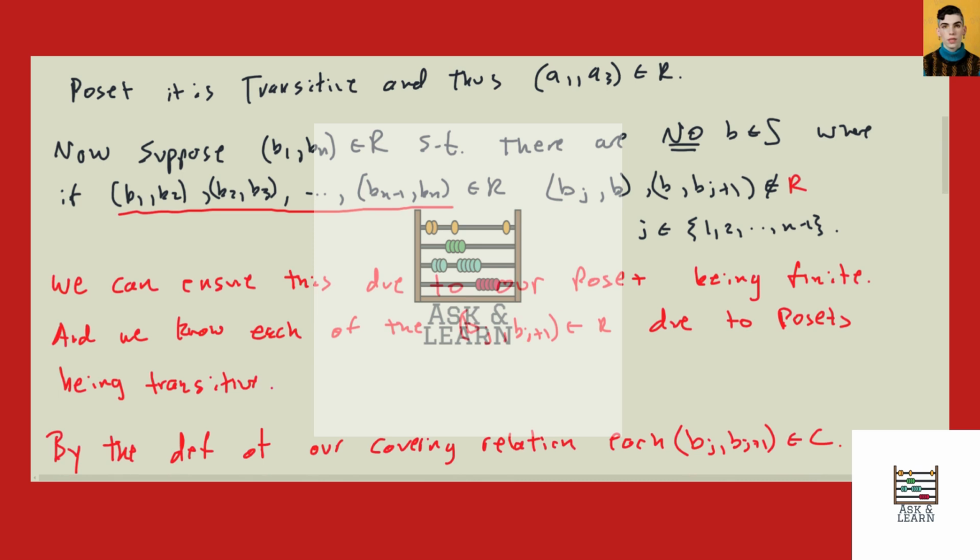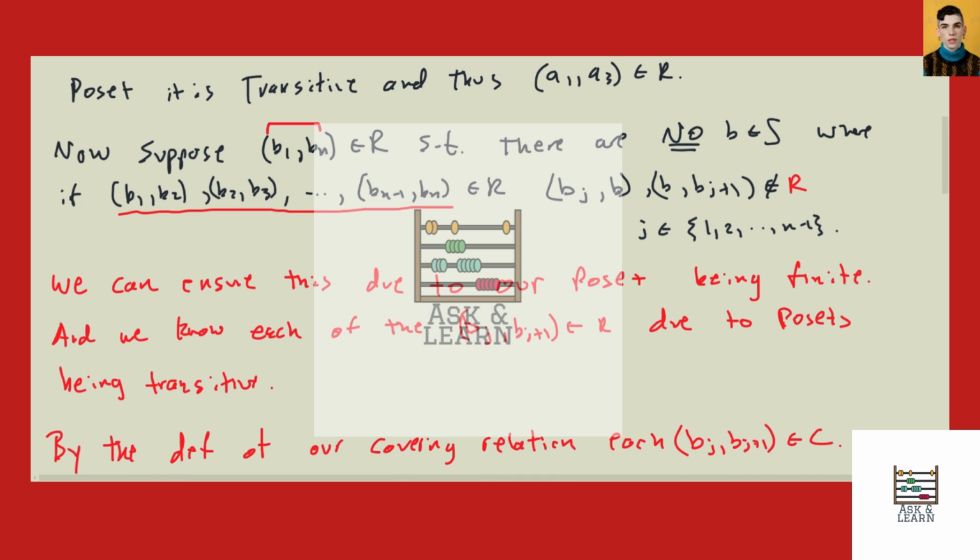And then this part here was to show that we can reconstruct any of the chains in R as long as we can find some maximal chain that goes from this starting point to our ending point here.